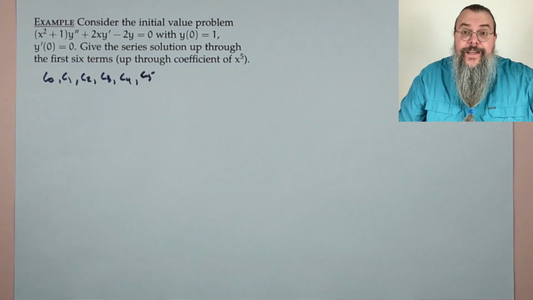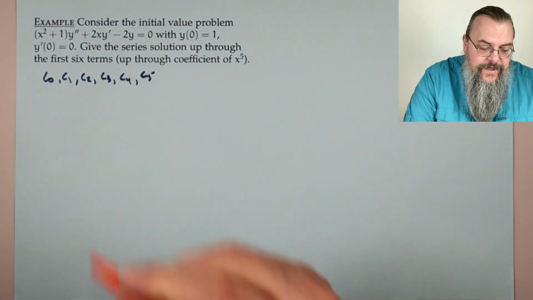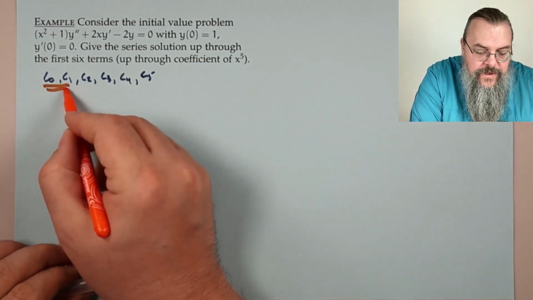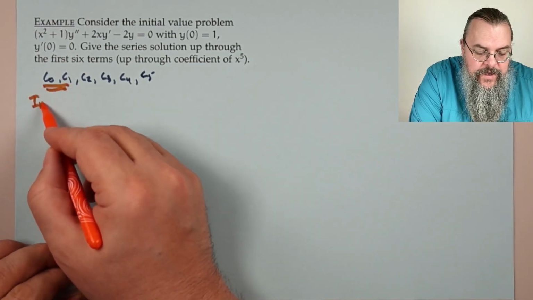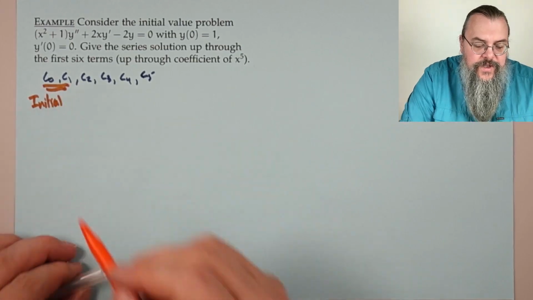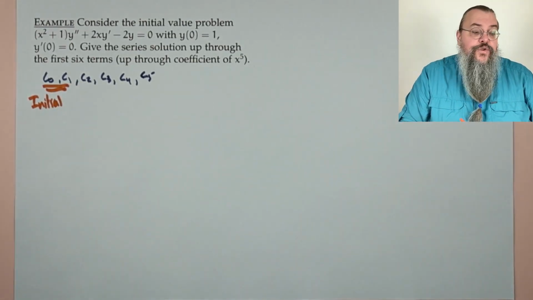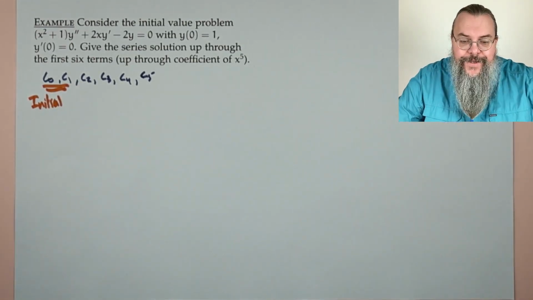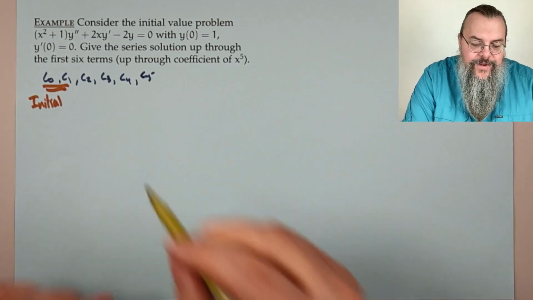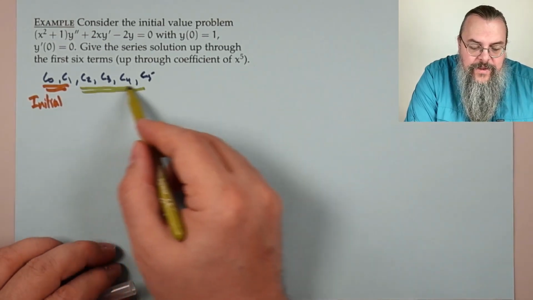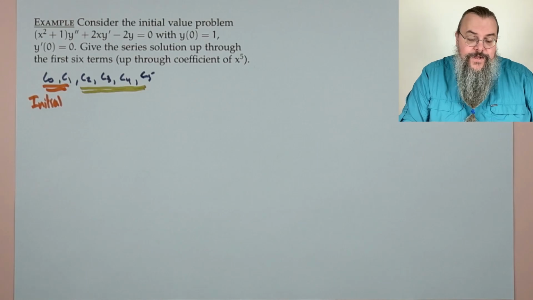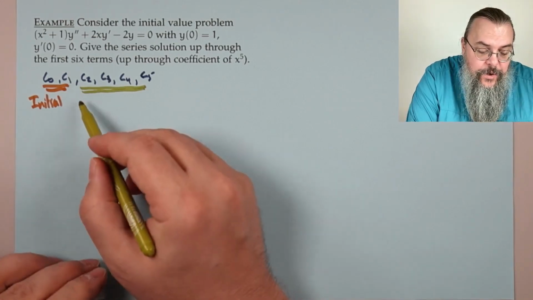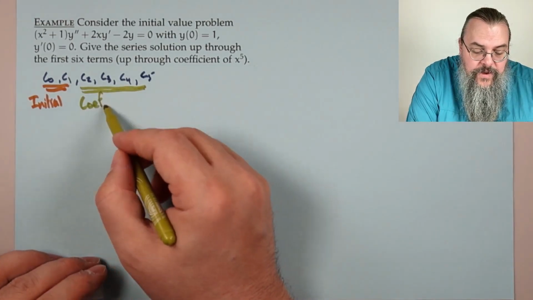Camp 1 is the first two terms, and here we're going to use our initial conditions. Camp 2, which is the remaining terms, C2, C3, C4, C5, is going to come from the differential equation, and in particular, we're going to look at the coefficients.